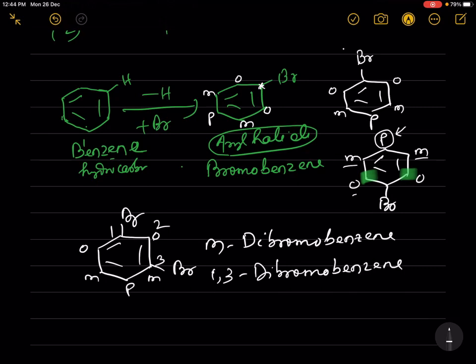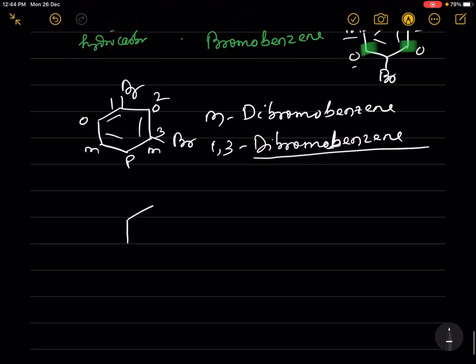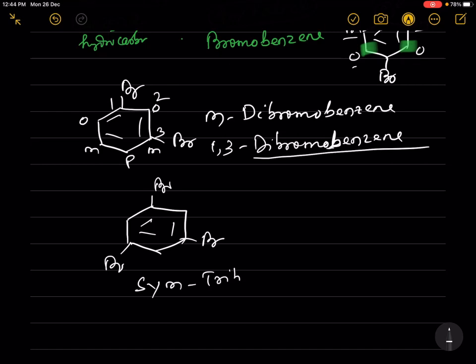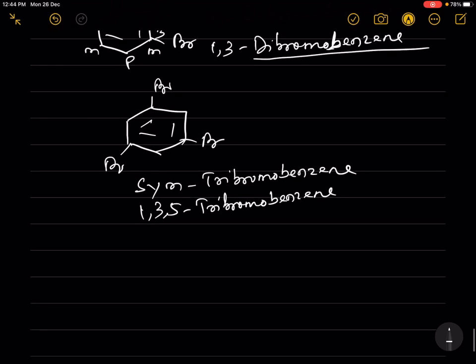No gap should be there. If 3 bromine atoms, then this is a symmetrical tribromobenzene, 1, 3, 5 tribromobenzene.